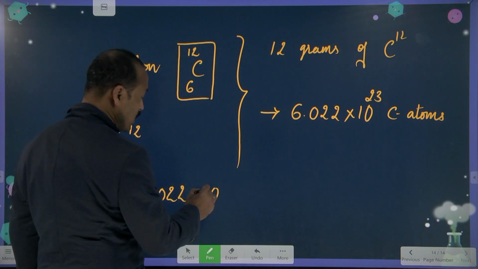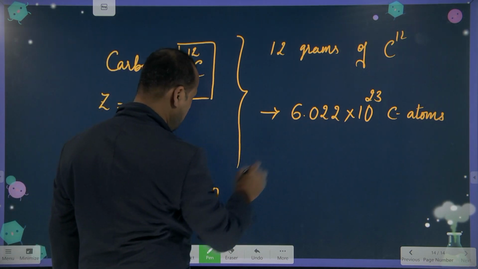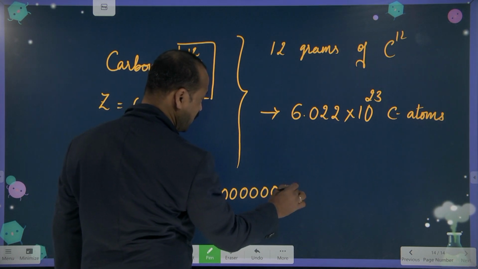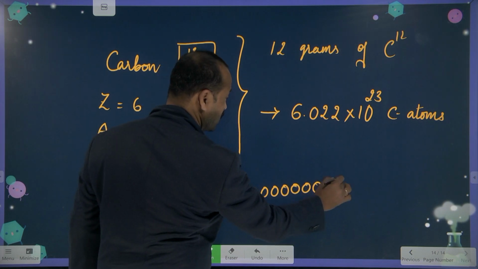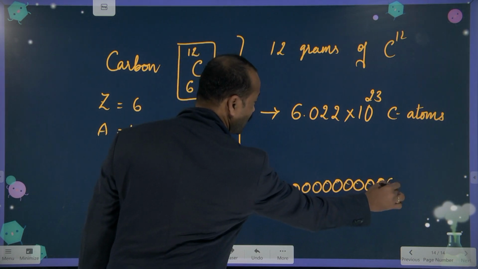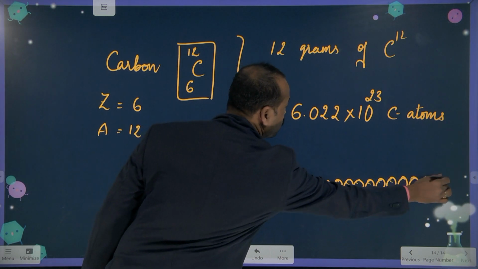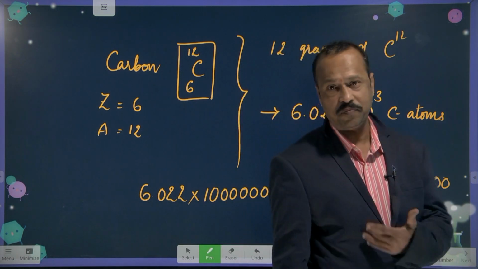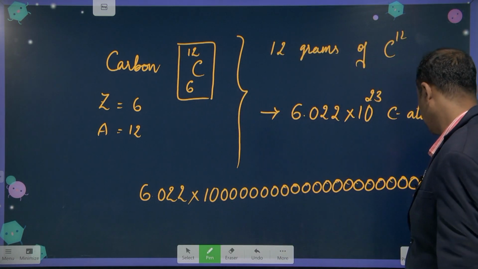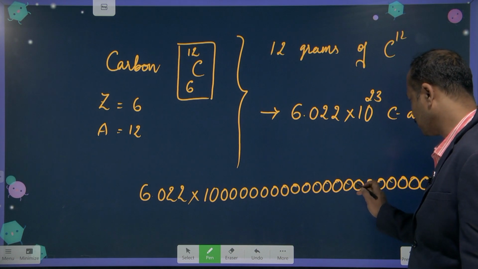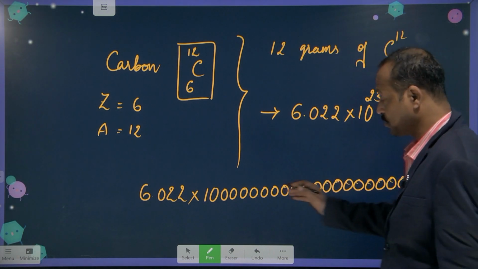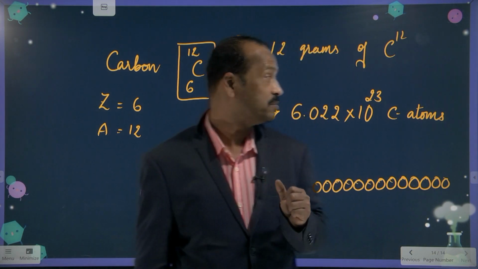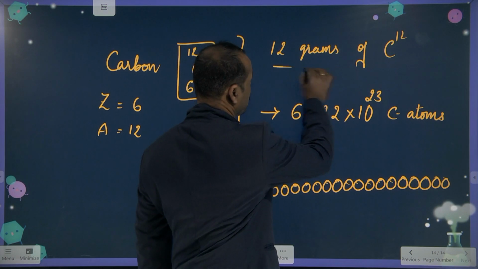So, like this, 10 to the power of 23 means 1 followed by 23 zeros. 1, 2, 3, 4, 5, 6, 7, 8, 9, 10, 11, 12, 13, 14, 15, 16, 17, 18, 19, 20, 21, 22, 23. So, now you can count how many digits there are. You can count up to a maximum of 10 digits: unit, 10, 100, 1000, 10 lakh, crore, 10 crores, 100 crores, like this. But see, this is a very big number. Such a big number of atoms is present in 12 grams of carbon.